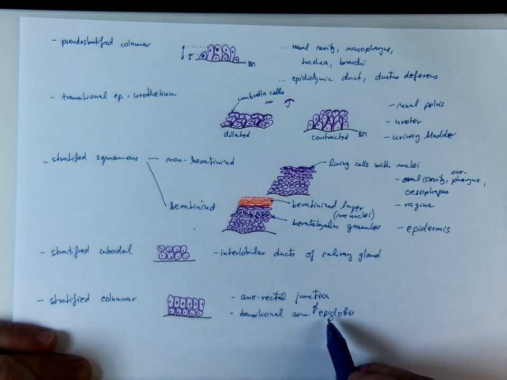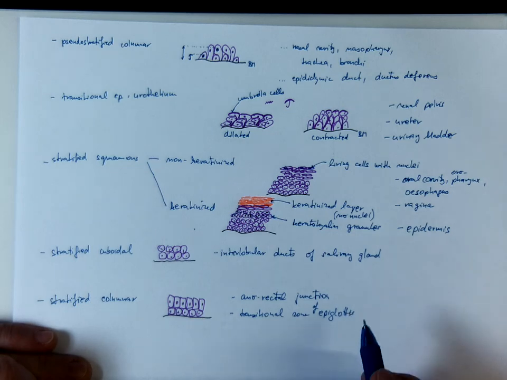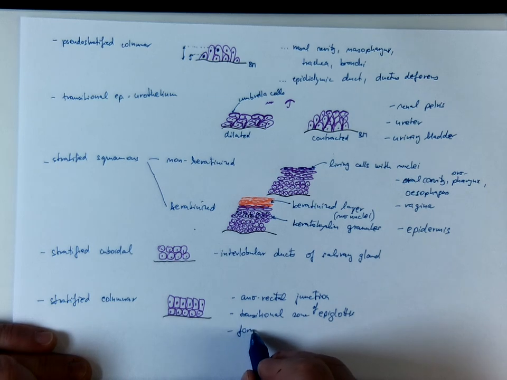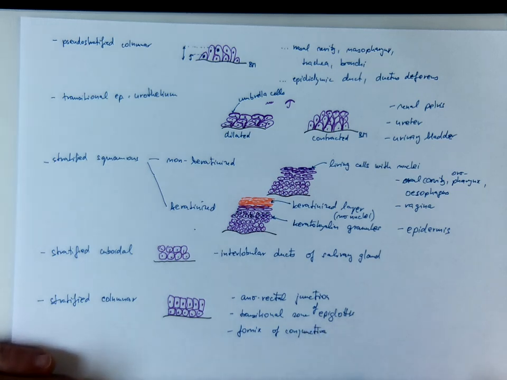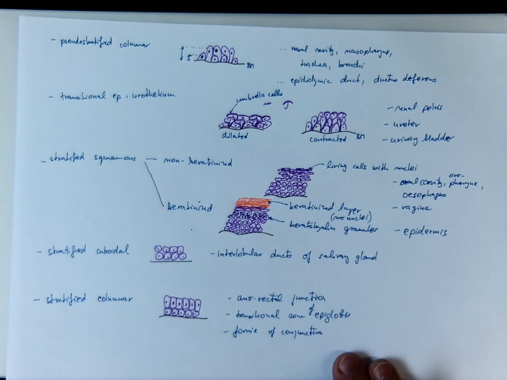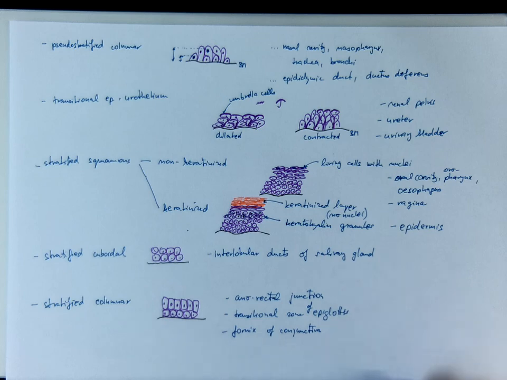Again, where the pseudostratified columnar ciliated epithelium of the epiglottis is merging with the stratified squamous non-keratinized epithelium towards the root of tongue, or the fornix of conjunctiva, of the palpebral conjunctiva. Okay, so these were simplified schemes that might help you when studying atlases and real slides. So good luck with that.